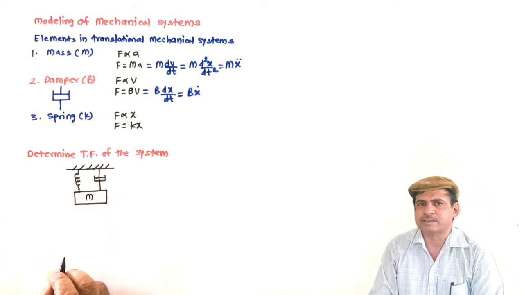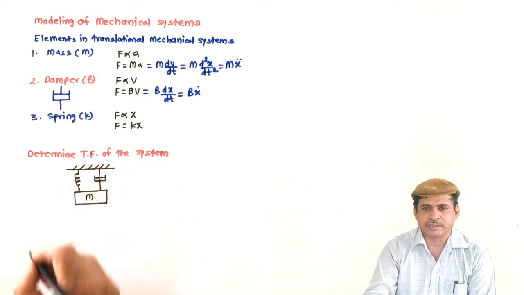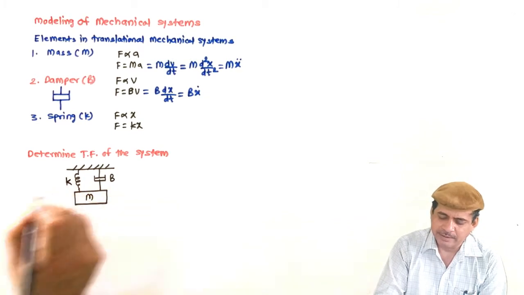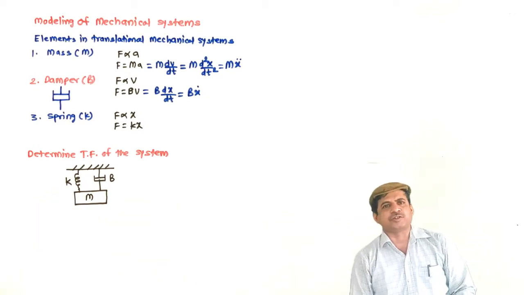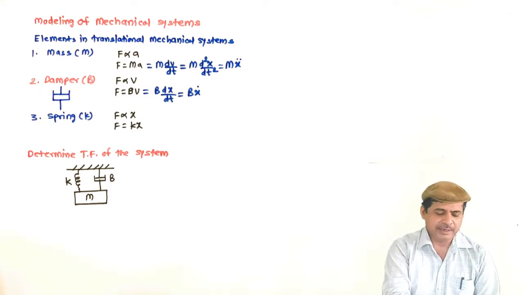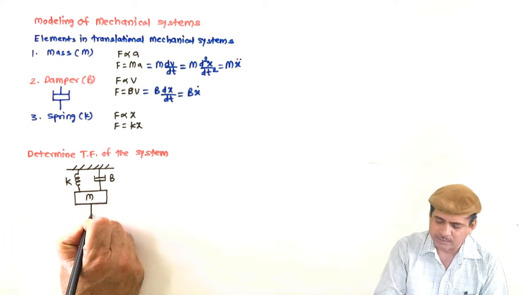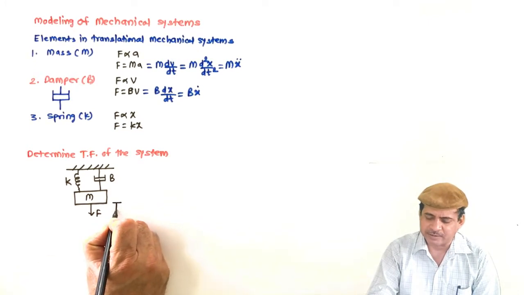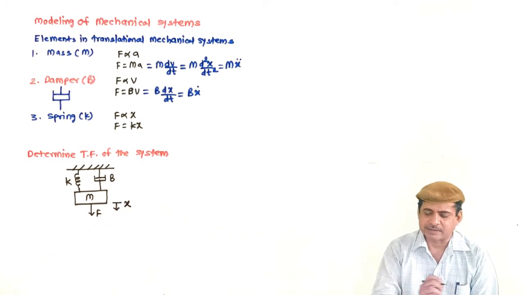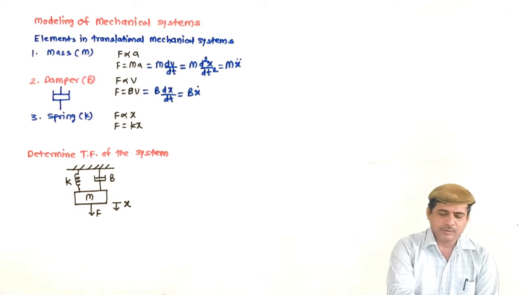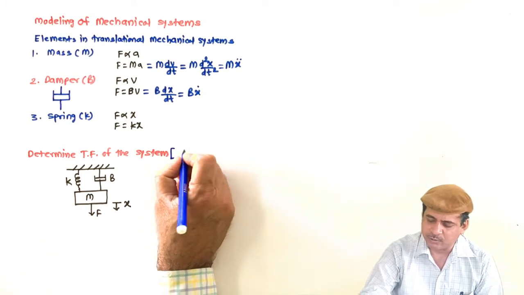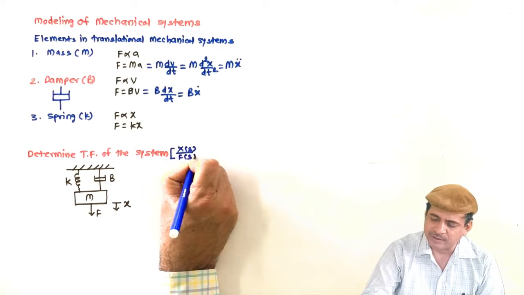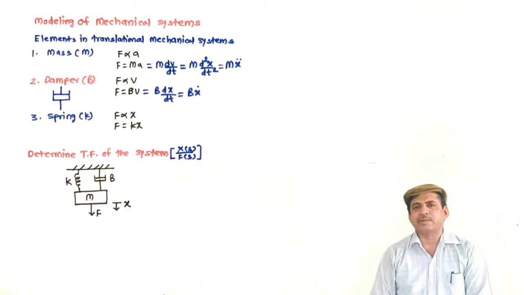This is a body with mass m, which is coupled to this fixed support through a damper B and spring K, spring with stiffness constant K and damper coefficient B. And if I apply a force to this body, what will happen? This body will get displaced, and let the displacement be x. And we have to obtain the transfer function, meaning we have to obtain X of s by F of s, because x is the output, F is the input.